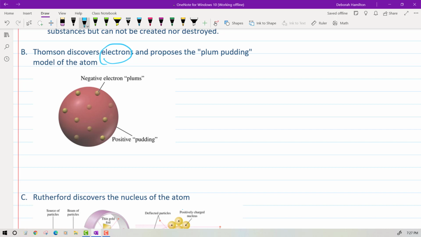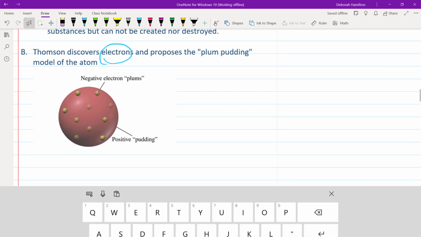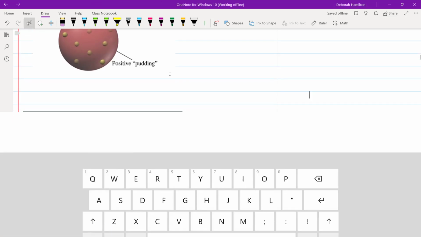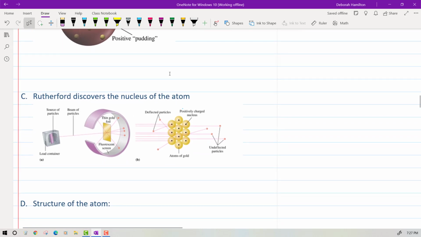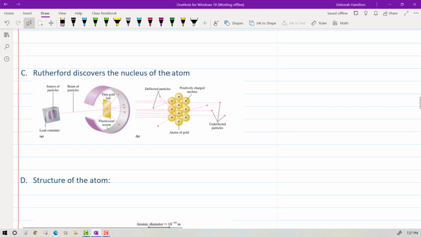But he thinks that these electrons are floating around in a positive sea of charge, which is the pudding part of this plum pudding model. Very simple to imagine.